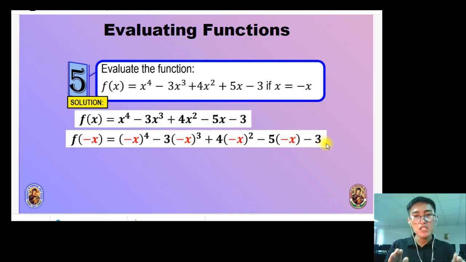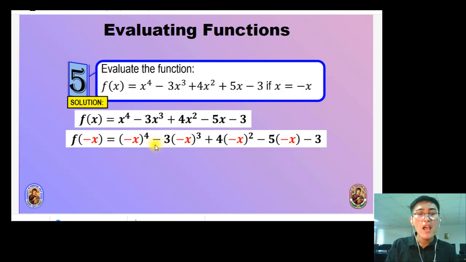As we can see in the parentheses, we do not have complex values to be simplified there. Therefore, we proceed with exponent. So, we have here negative x raised to the 4th power. That means you multiply negative x by itself 4 times. I repeat, if it's negative x raised to the 4th power, you just multiply negative x 4 times by itself.